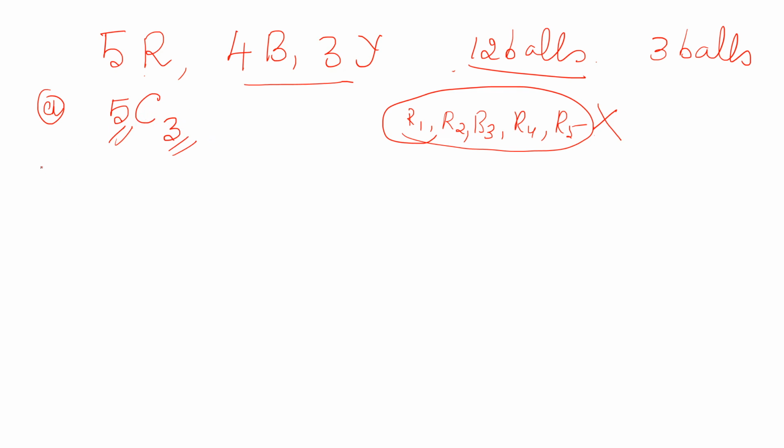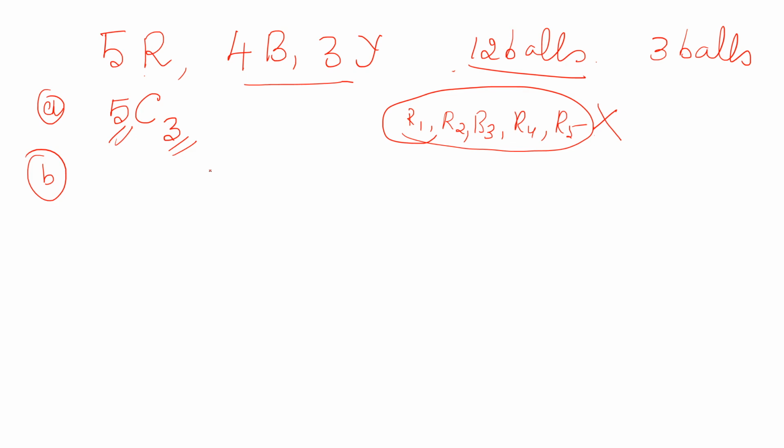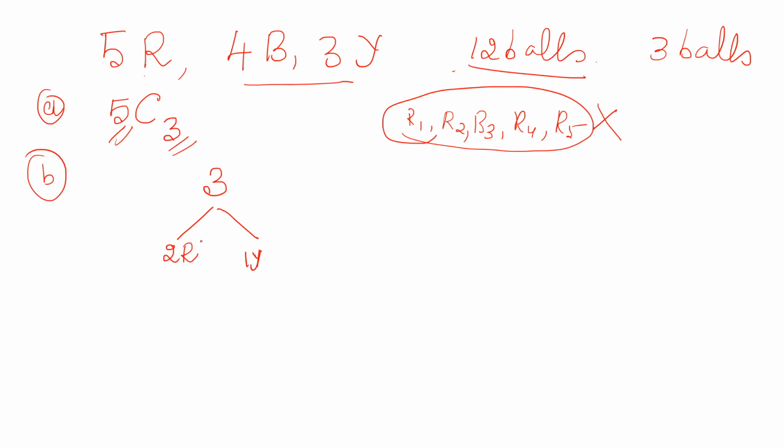Understood? Now, second condition, second problem. 2 red and 1 yellow. How many balls are we going to pick up? 3. From this, 2 red balls, 1 yellow ball. In between, I have to use and.